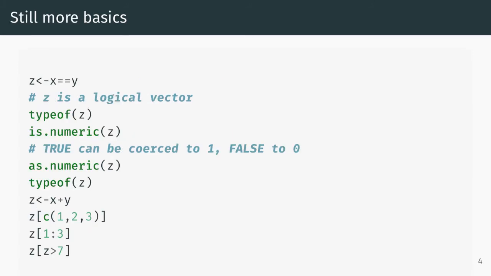We can save the result of this expression in a new variable called z. z is now a vector of the word TRUE repeated 6 times. It's a logical vector. If we ask the type of z, it'll return logical. If we ask is.numeric, it will say FALSE. It's not numeric, but TRUE can be coerced to 1, FALSE to 0.